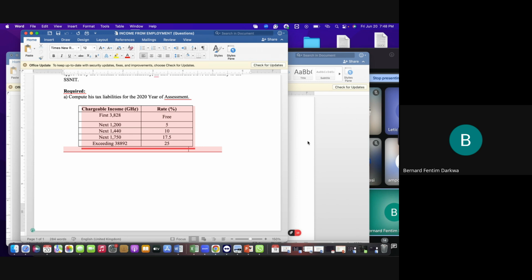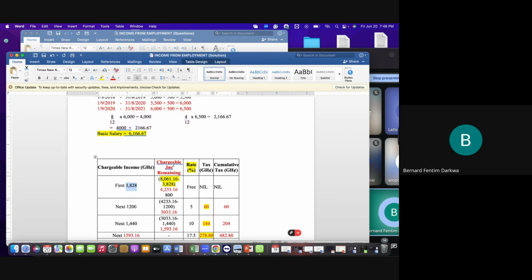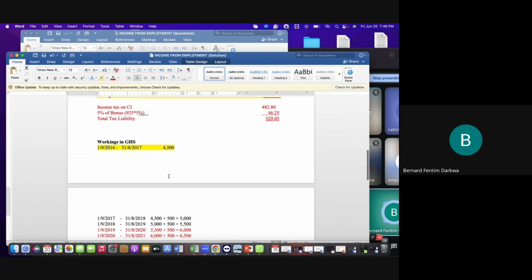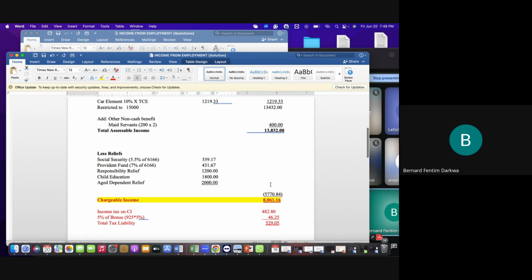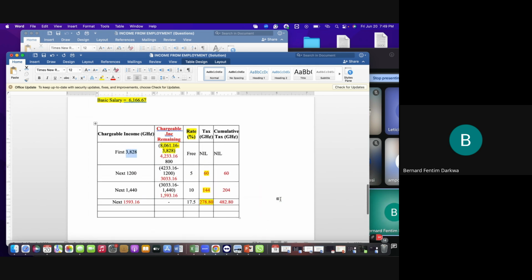So in the salary income you have got, you have to subtract that amount first. So you have the salary income of 8,061. Then you subtract 3,822 from this one.